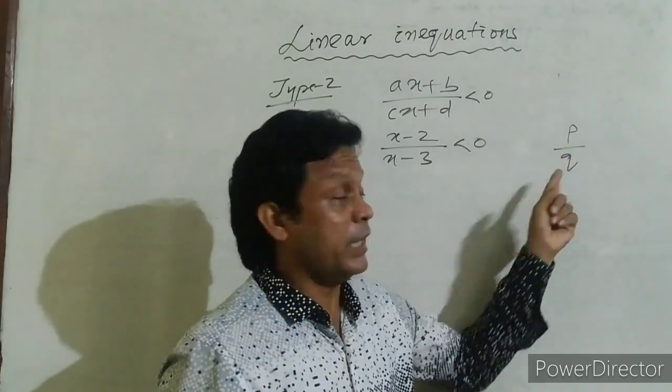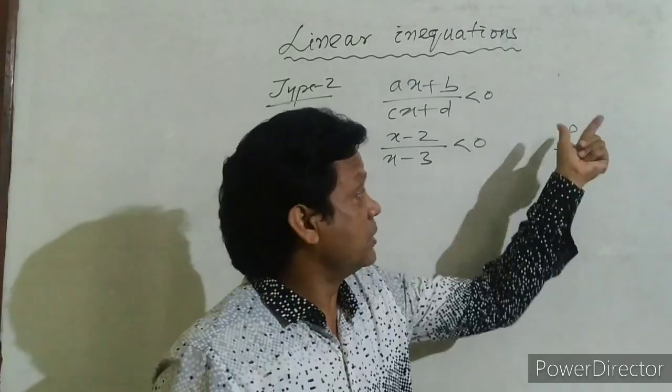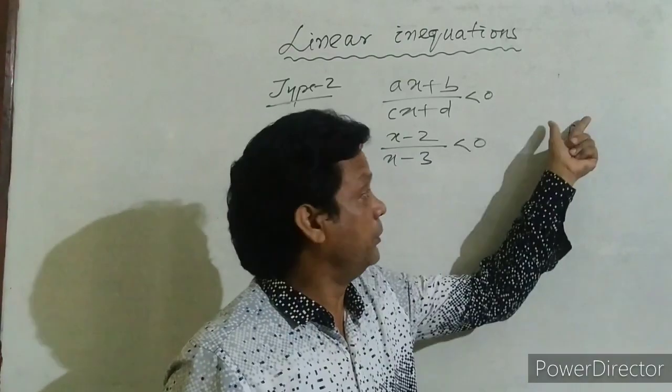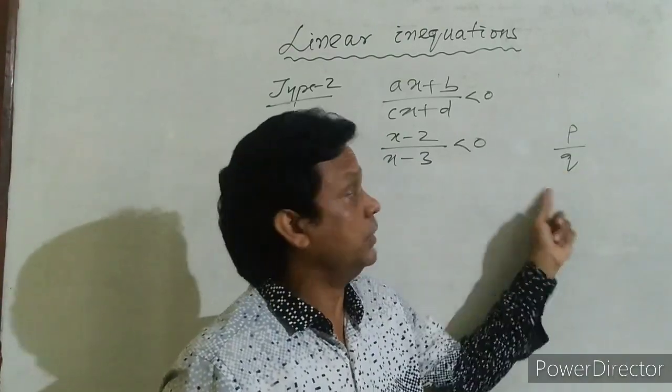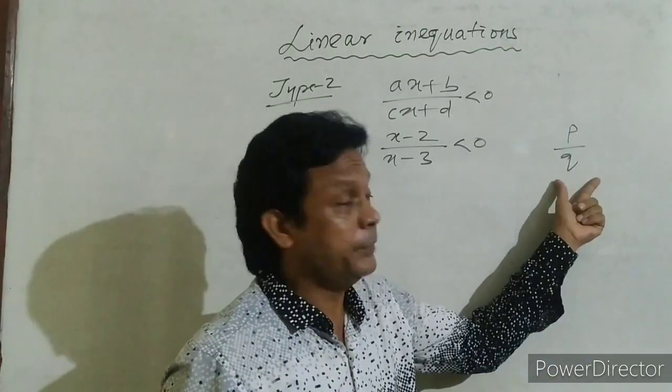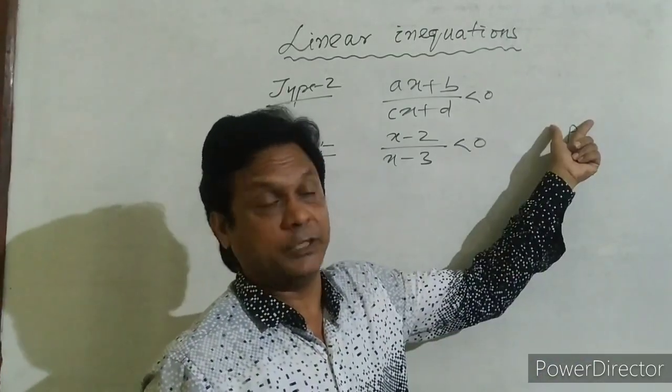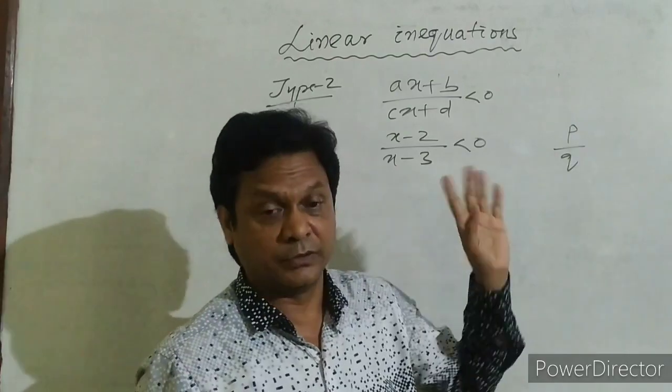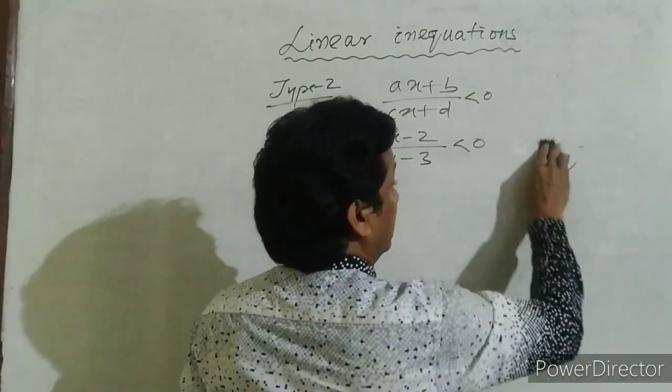If p and q are of opposite signs, that means the numerator positive and denominator negative, or the numerator negative and denominator positive, then the whole quantity is negative. And p/q is 0 if the numerator is 0, that means if p is 0. Remember these three things.